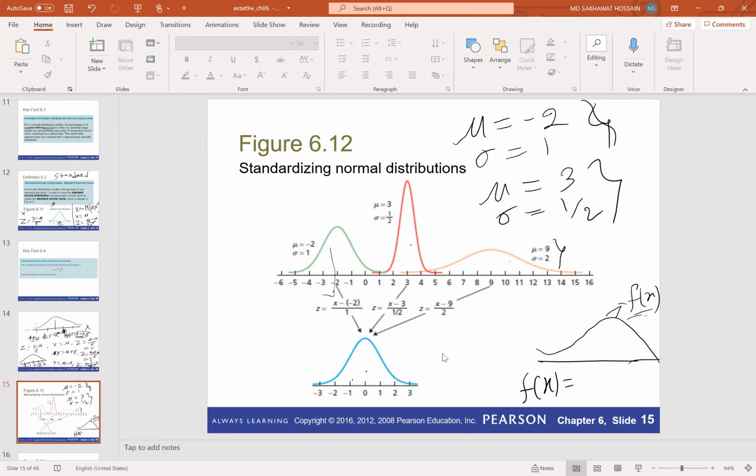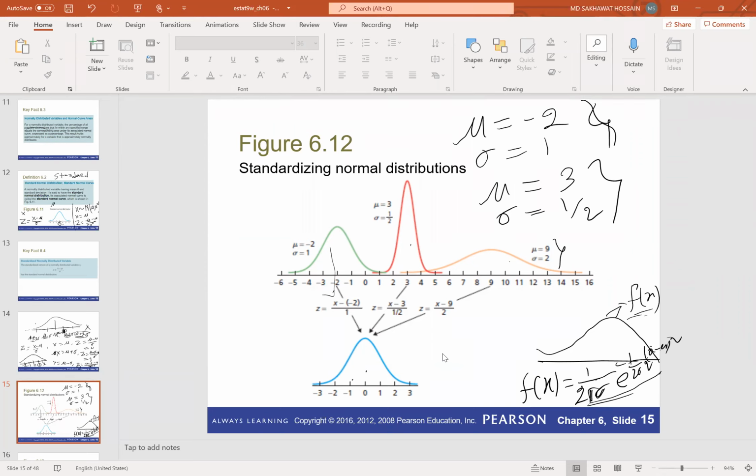This density function is 1 over root 2 pi sigma squared, e to the power minus 1 over 2 sigma squared times x minus mu squared. You do not actually need to know this function, but just look at it. This is a very complicated function.